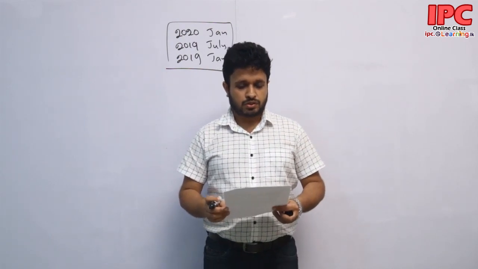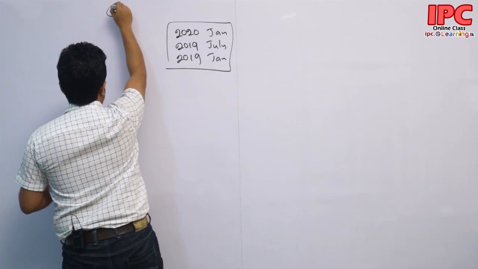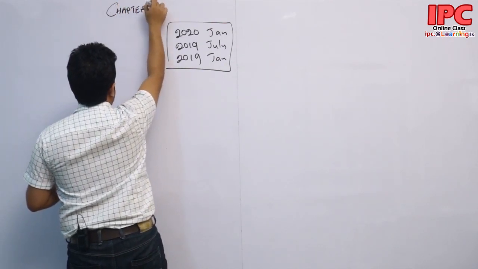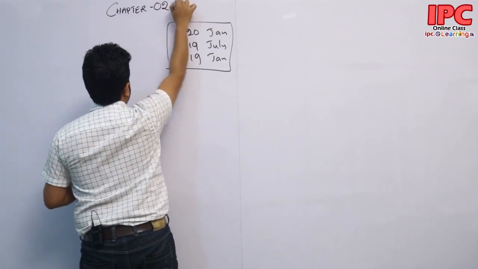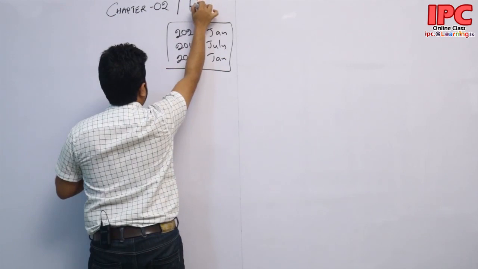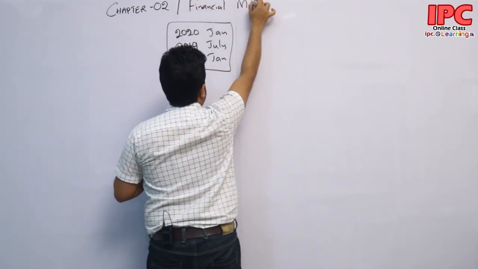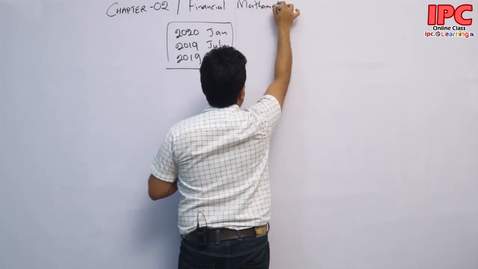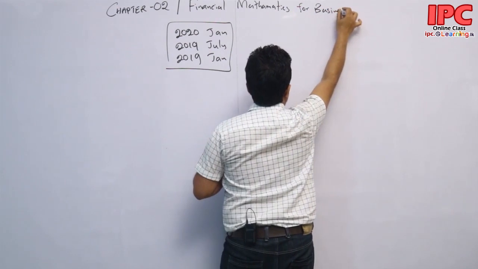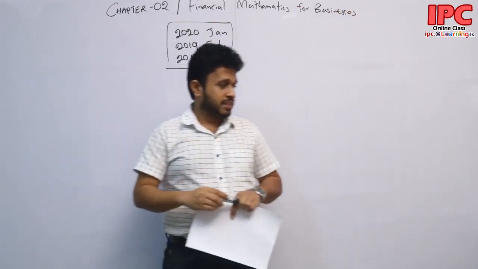So now we are discussing Chapter 2, financial mathematics for businesses.